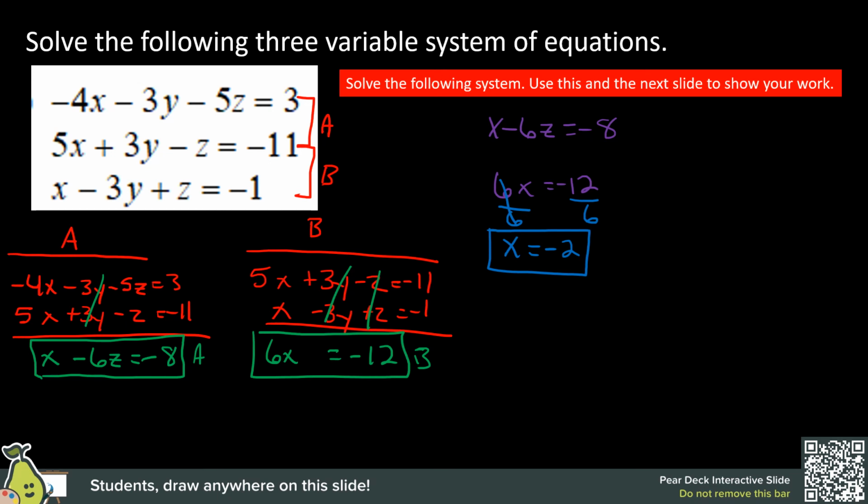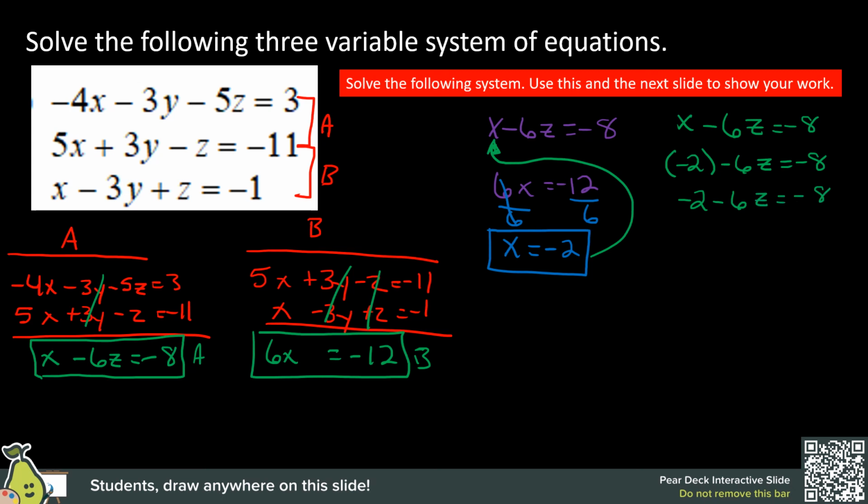Knowing that x equals negative 2, I'm going to plug it into this other equation, our A equation, because this will allow us to solve for z. So we have x minus 6z equals negative 8. We'll say x is negative 2, so negative 2 minus 6z equals negative 8.